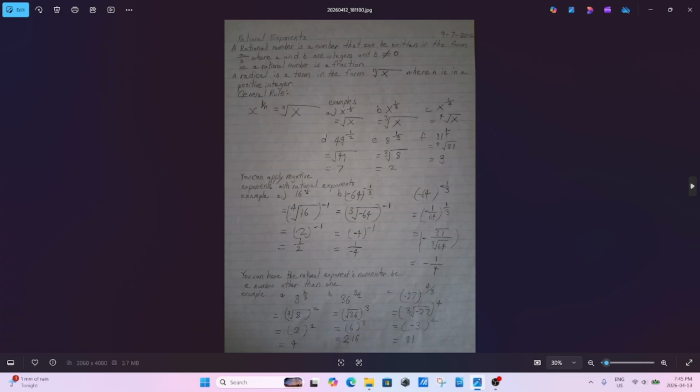And for B, 36 to the 3/2 is the square root of 36 to the 3, which is 6 to the 3, which is 216. And C, negative 27 to the 4/3 is equal to the third root of negative 27 to the exponent 4, which is equal to negative 3 to the exponent 4, which is equal to 81.